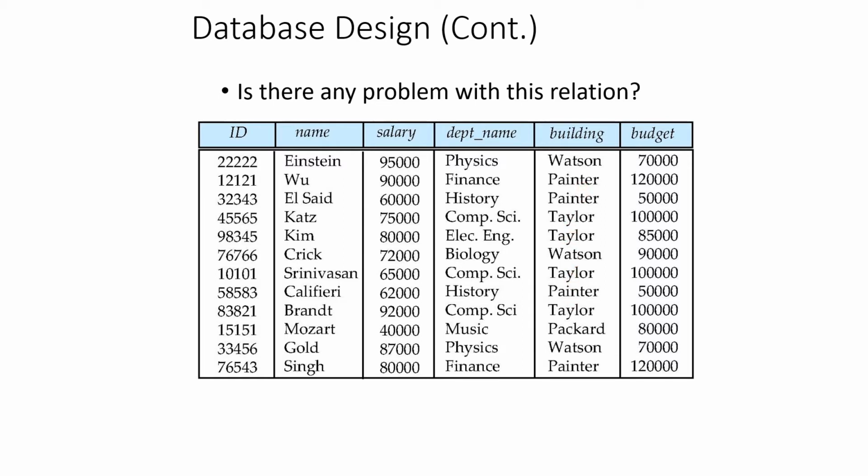So the problem in this relation is that the information is being repeated. So what we have to do is make it organized in such a way that there will be reduced redundancy. There should be atomicity, meaning the information should not be written more than once if not needed. Okay.